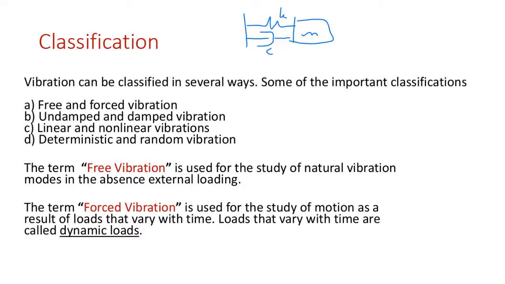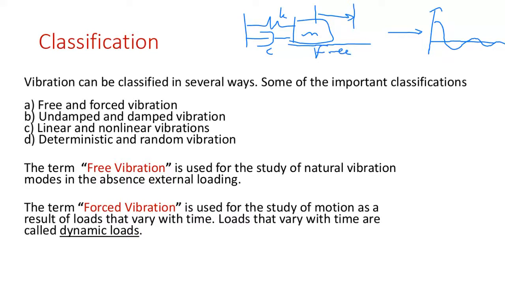You pull this thing from here to another point and leave it. And then what this thing will do over time is oscillate and eventually the oscillations die out. Okay, this is free vibration.